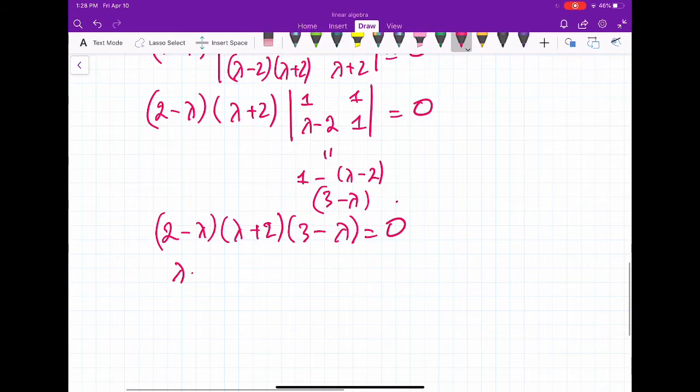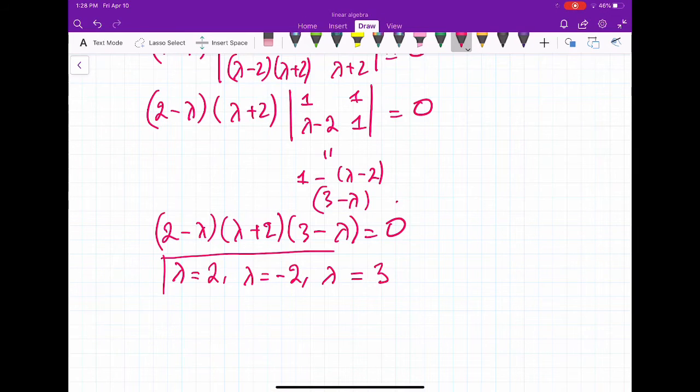From here, I get lambda equal to 2, lambda equal to -2, or lambda equal to 3. So this matrix has 3 eigenvalues. And of course, we can reach the conclusion right away: this matrix is diagonalizable. Why?